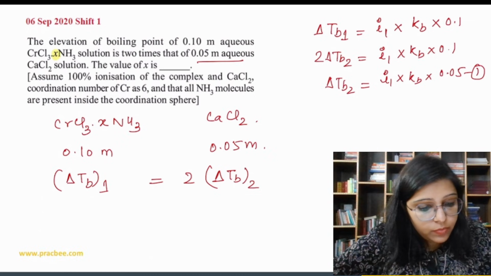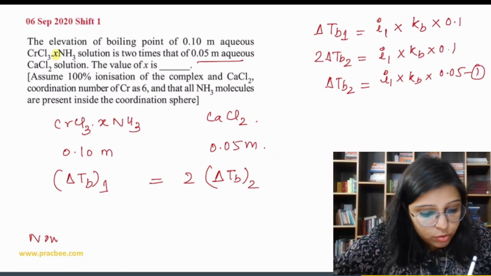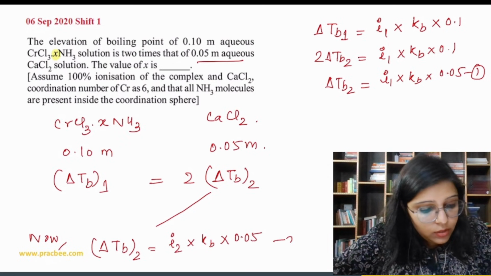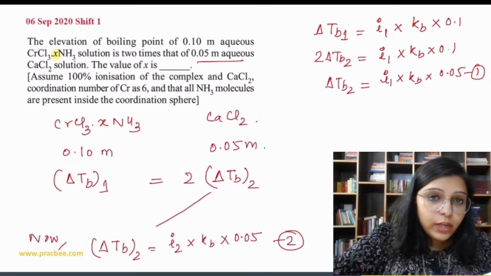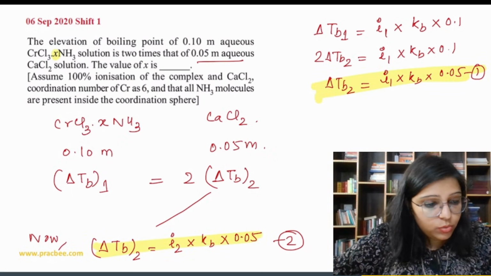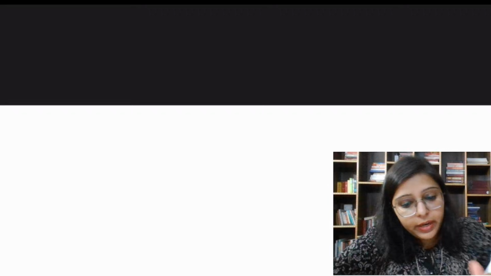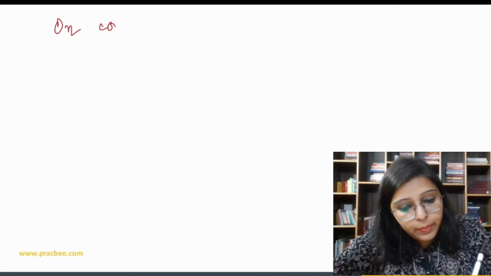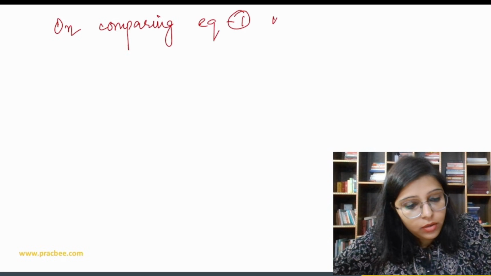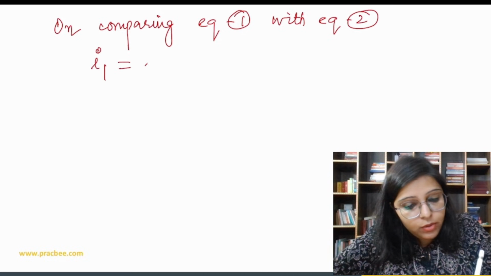This is the first equation. Now we can also write from this delta TB2 is equal to I2 into KB into 0.05. So on comparing equation 1 and 2, I1 value is equal to I2.